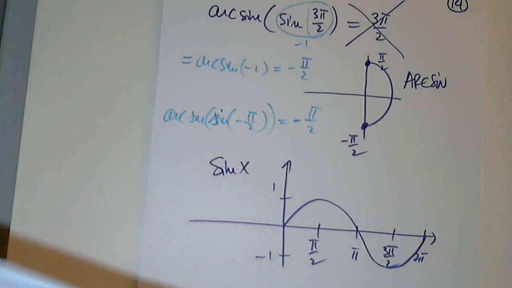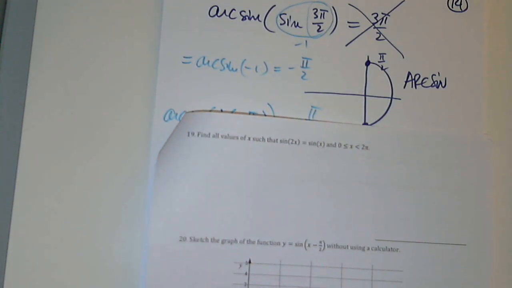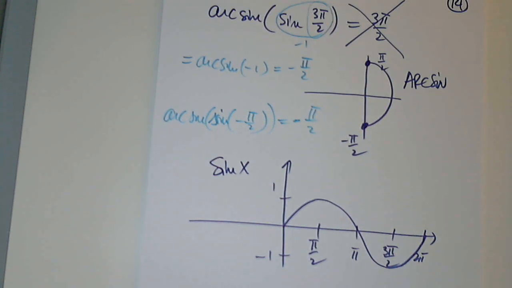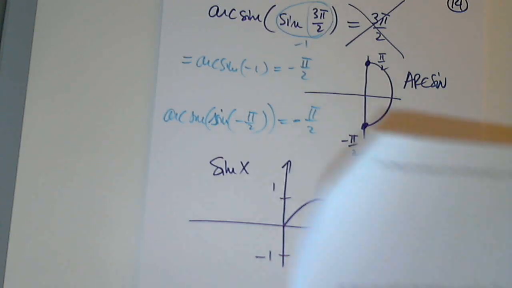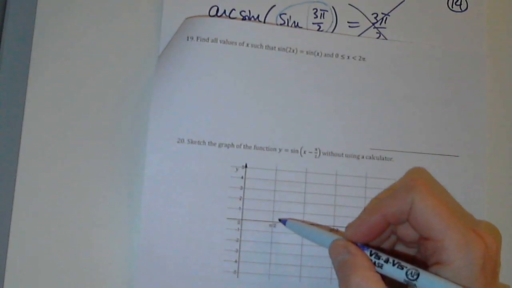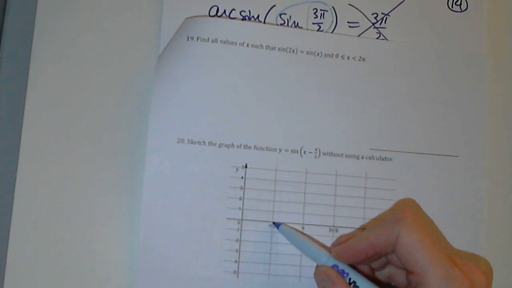Sorry about that. But now I have a function that is sine of x minus π/2. What will happen? And we discussed this several times today with other functions, not with this one. So what transformation will this be on this graph? Where does it go? To the right, how much? π/2. So then the graph will start here. We'll still go to 1.